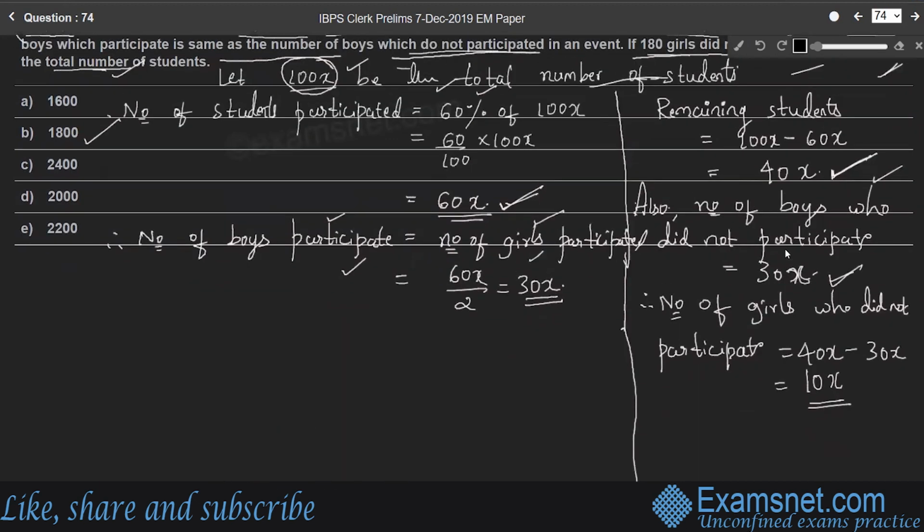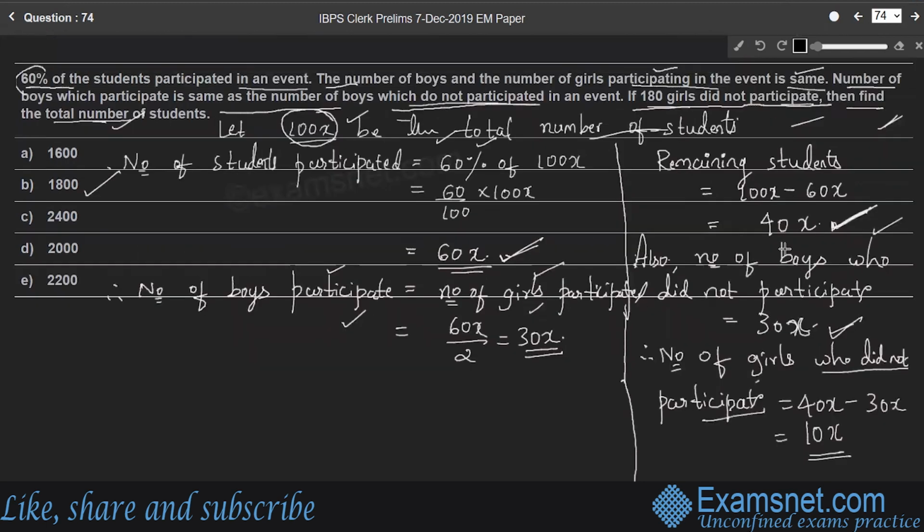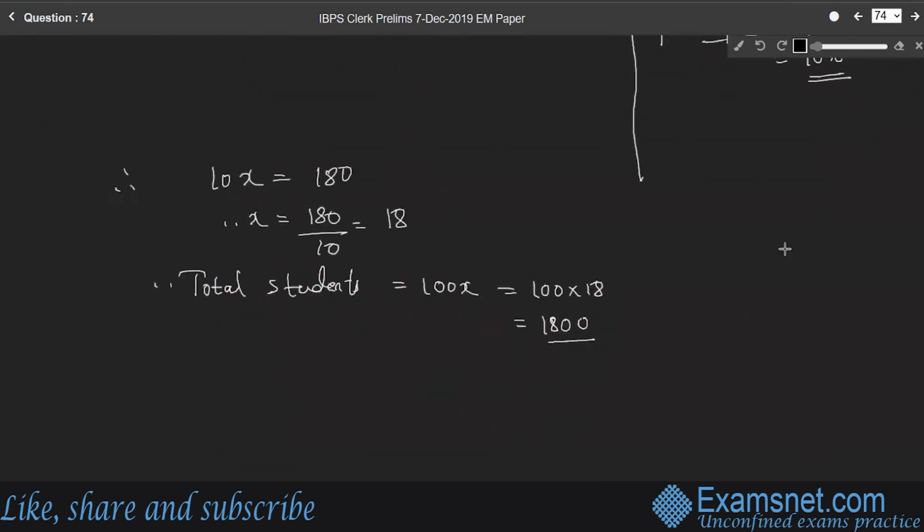Therefore, in 40x, 30x are boys. So 10x will be the number of girls who did not participate. Right? And it is given that 180 girls did not participate. Therefore, we can equate 10x to 180. Therefore, x becomes 18. Therefore, the total number of students becomes 1800.